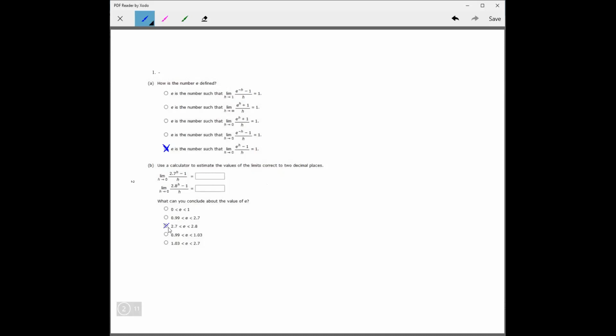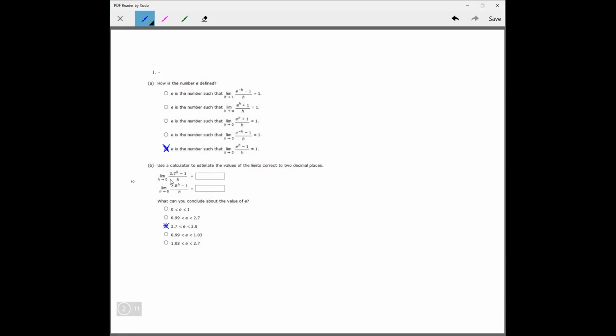But because e is defined to be the number where this is 1, they're just showing you a possible way that you could come up with e by doing this sort of thing.